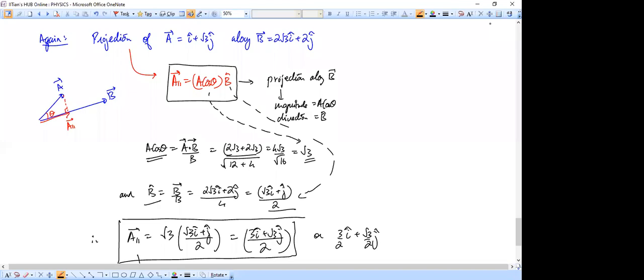So the formula of the projection is this. It is A cos theta into B cap, where A cos theta is this length over here. It's the magnitude of A's component, which is parallel to B. So in this triangle, you can see the hypotenuse is A, this angle is theta. So the base is obviously how much? It is A cos theta. But now we have to also multiply it with a unit vector so that it becomes a vector in this direction.